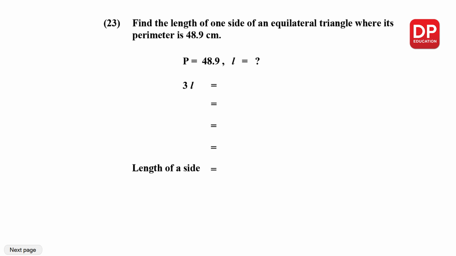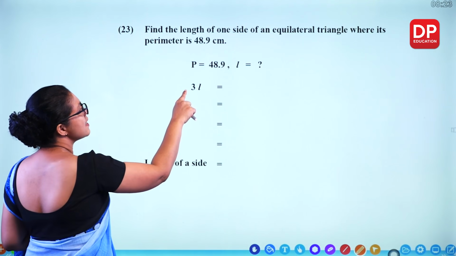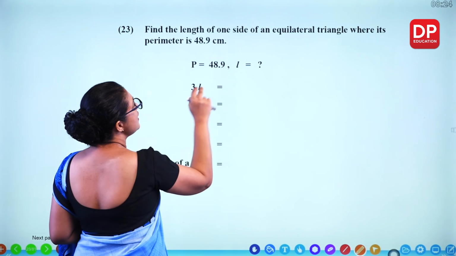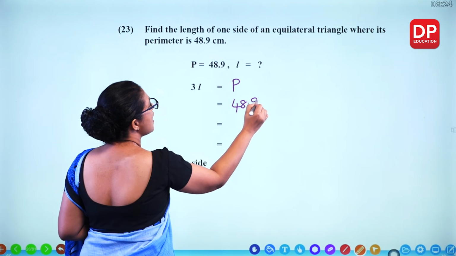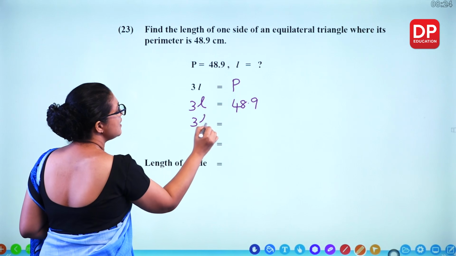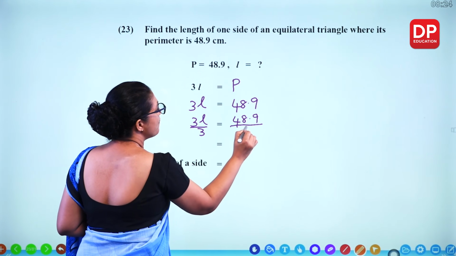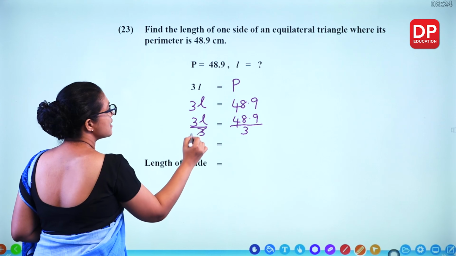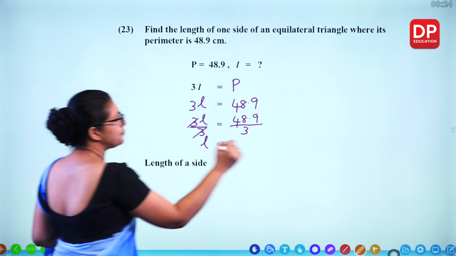Find the length of one side of an equilateral triangle where its perimeter is 48.9. So the perimeter is given, 48.9. That's 3L. So 3L equals P. 48.9 is 3L. How can we find L? Divide this by 3. So you get L equals, divide by this 3.